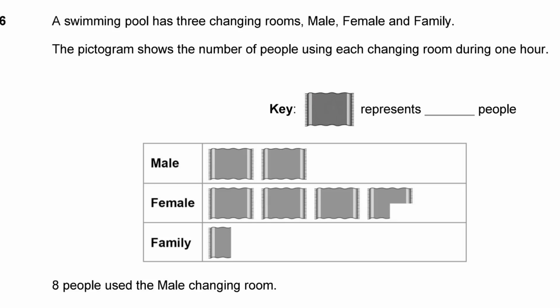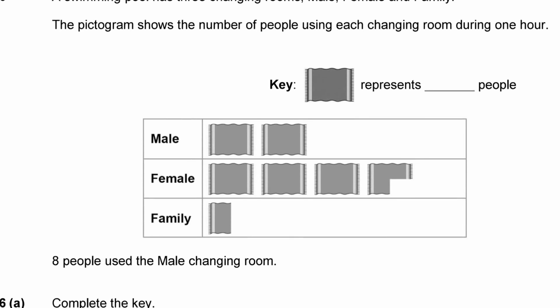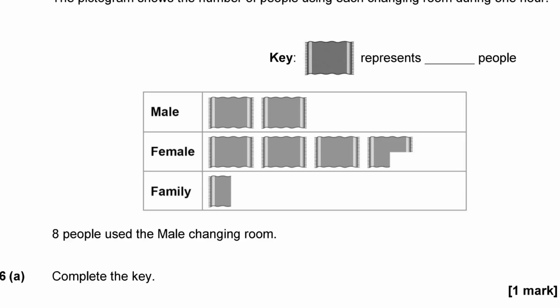Question 6. A swimming pool has 3 changing rooms, male, female, and family, and the pictogram shows the number of people using each changing room during 1 hour. We're told the key, so this towel is representing a number of people. We don't know what it is yet. And we're told that 8 people use the male changing room.